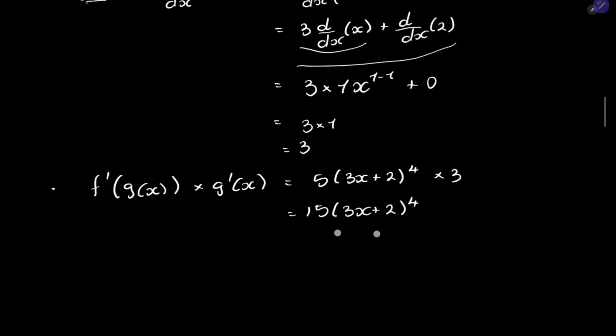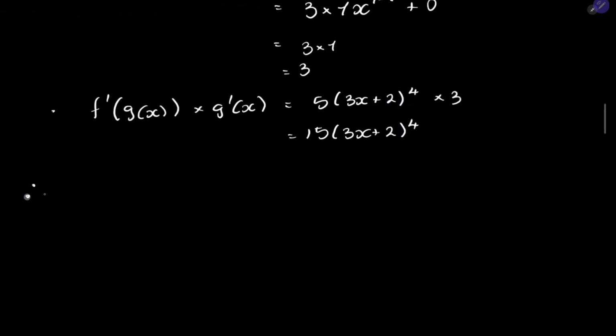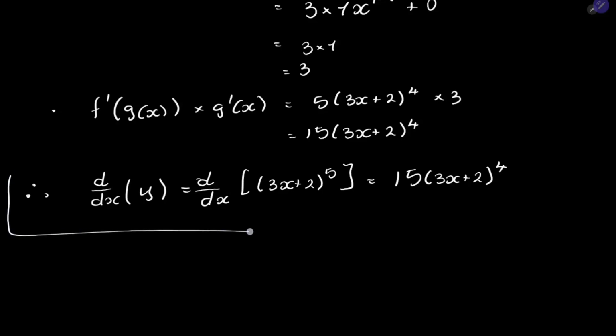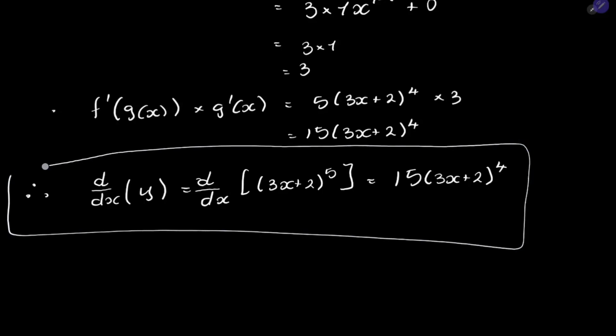So what can we then conclude? Our conclusion can then be the derivative with respect to x of y, which is the same as the derivative with respect to x of, what was our y? (3x plus 2) all to the power 5, is equal to 15 (3x plus 2) to the power 4. We enclose our answer.